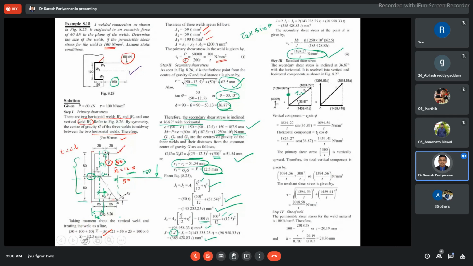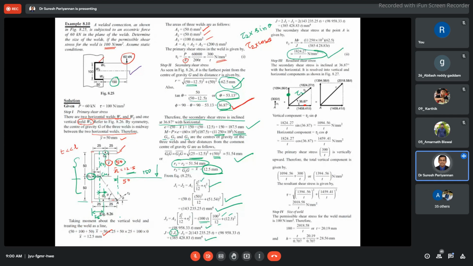Tau 2 into cos theta, this is the horizontal component, and tau 2 into sine theta is the vertical component. Because we came to know the angle at which tau 2 is acting: 36.87. We have found this.